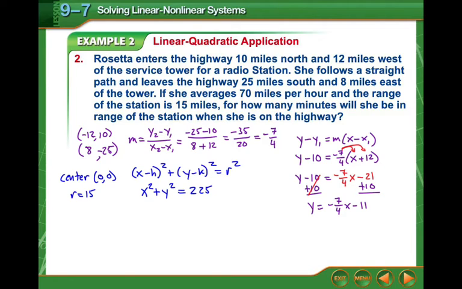We can put the points that she enters if we wanted to, but it's not a big deal. If we wanted to do that, we could actually just limit where this line is from negative 25 to 10 in the y.